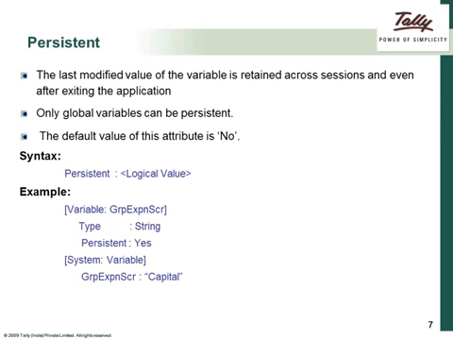Apart from your definition of your variable, that is how it should behave, what data type it can hold, and whether it should save itself or not, under the system variable definition you need to provide your variable name, which informs the system that this variable value has to be saved even after the Tally application is quit. So every persistent variable has to be a part of the system variable. Am I clear?